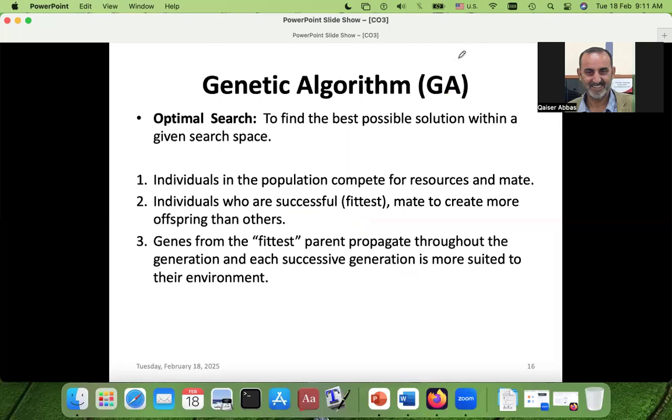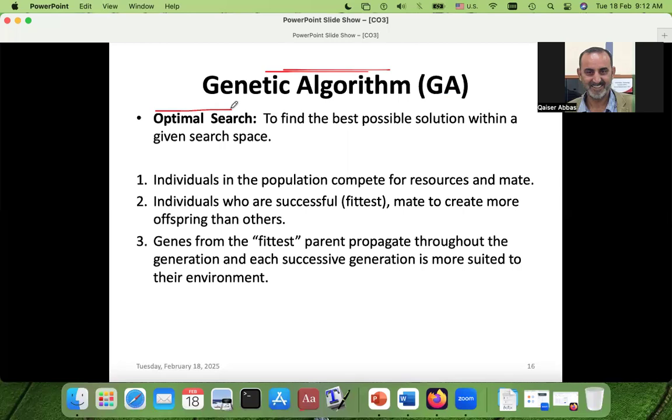Okay. Now the next is the genetic algorithm. The genetic algorithm always gives us an optimal solution, and this lies in the category of optimal search. This is basically an evolutionary algorithm.